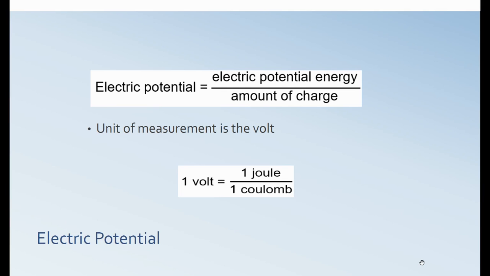Our electric potential is that electrical potential energy divided by the amount of charge. And electrical potential is measured in volts. And we can say that 1 volt is equal to 1 joule divided by 1 coulomb. And that gives us 1 volt.